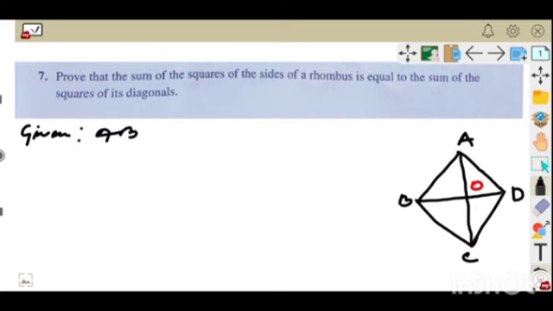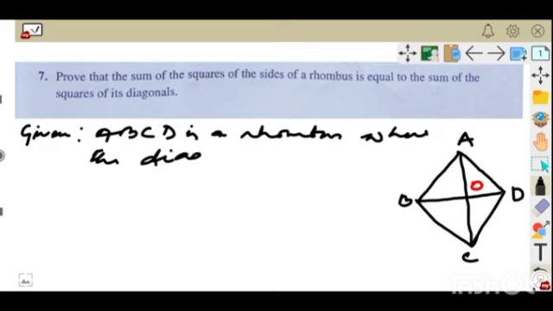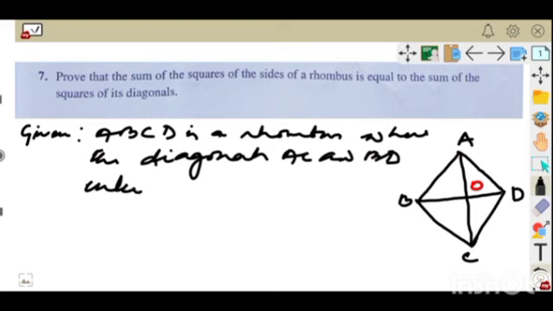ABCD is a rhombus where the diagonals AC and BD intersect at O.